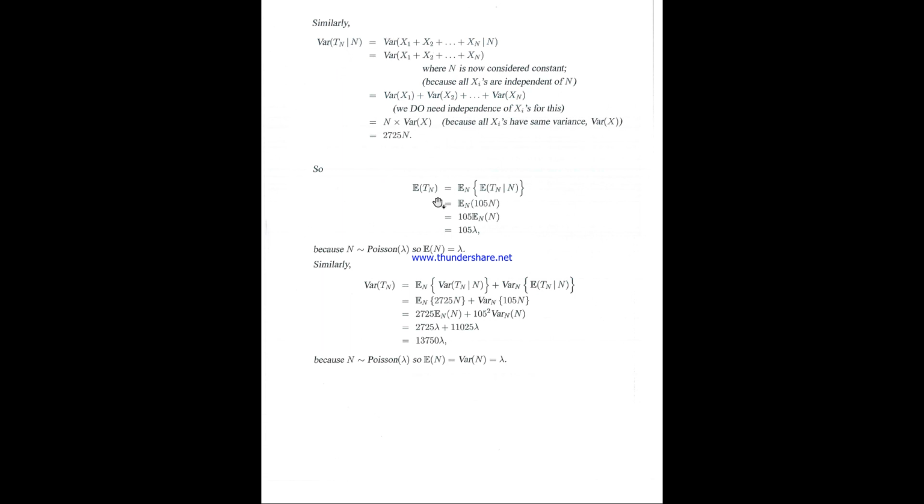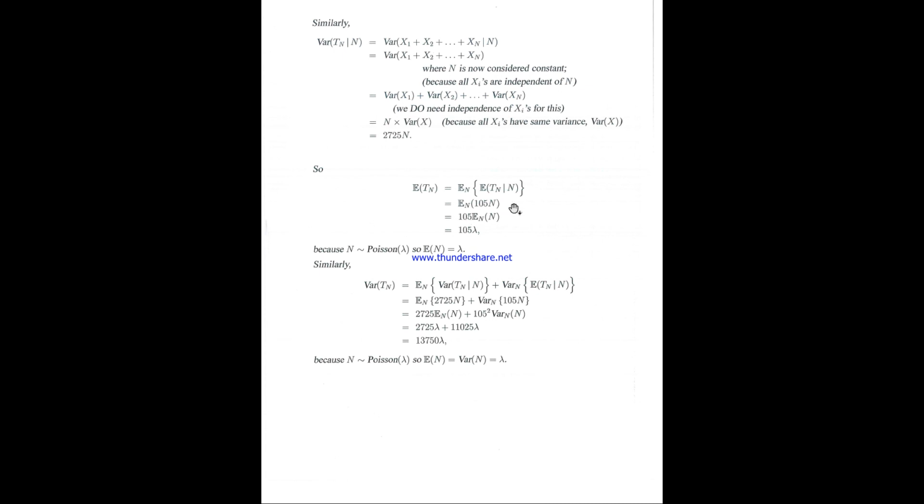And in this case, if you don't have this condition, and you are just going to find the expectation of the random variable Tn, we know by the formula that it is equal to the expectation of n of the expected value of Tn given n, right? The expected value of Tn given n we found, that is 105 times n.